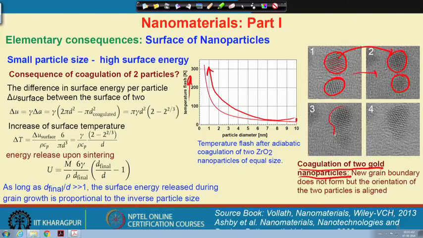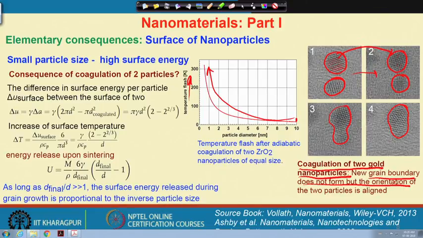Now it is almost like joining, and it has become almost a spherical shaped particle. However, no new grain boundary has formed inside the particle or outside, but these two particles basically changed their orientation during joining, or let us say during coagulation.